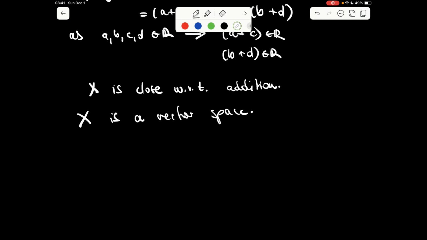The simplest way of solving this problem is to find a basis for X. We have an evident option. So this is a basis of vector space X.